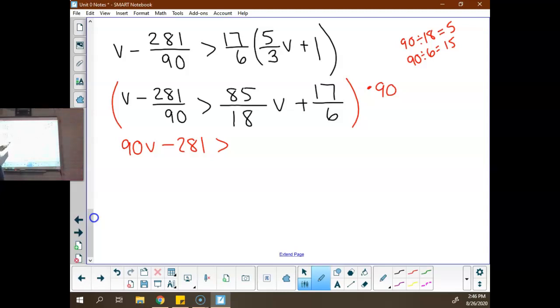I put my phone away too soon. So 85 times 5 is going to be 425. V plus, and then we said 90 divided by 6 was 15, so I've got 17 times 15, and that's going to give me 255.